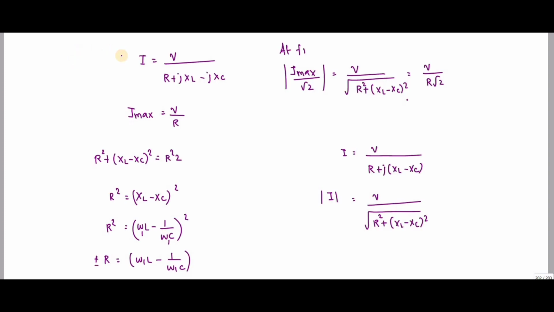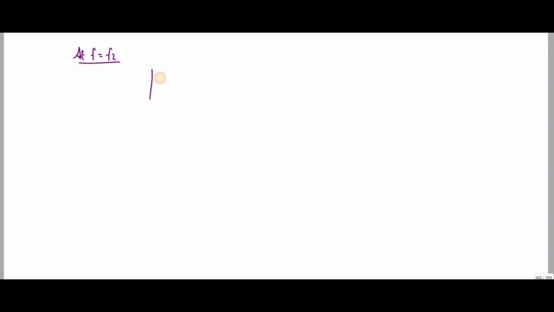In a similar way, at F is equal to F2, I can write this as nothing but I max by root 2, that is equal to V divided by root of R squared plus (XL minus XC) whole squared, that is equal to V divided by R root 2.